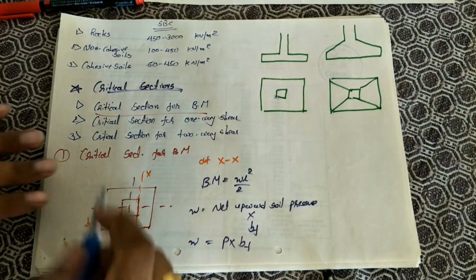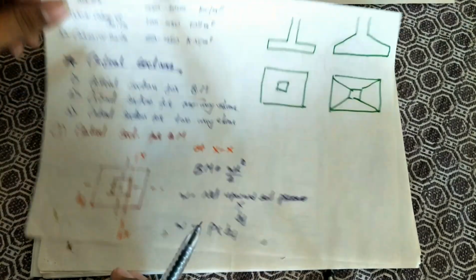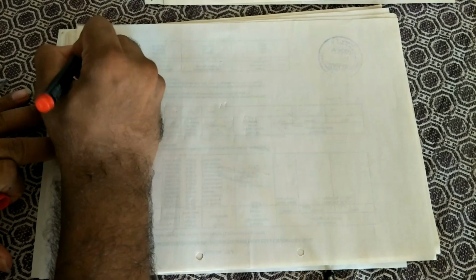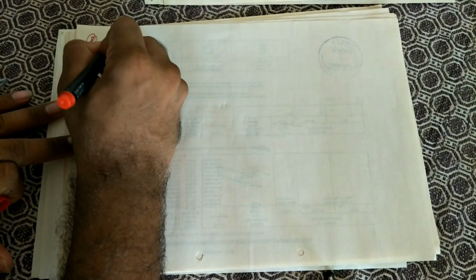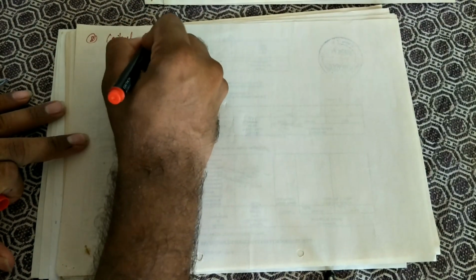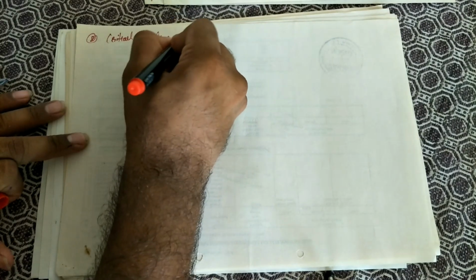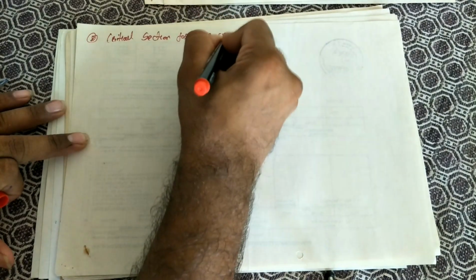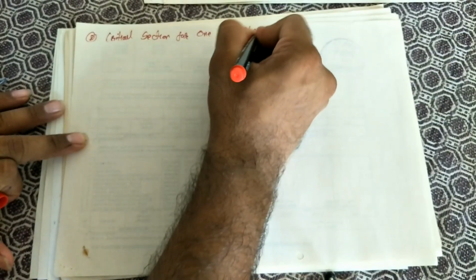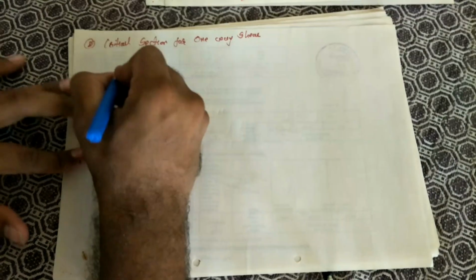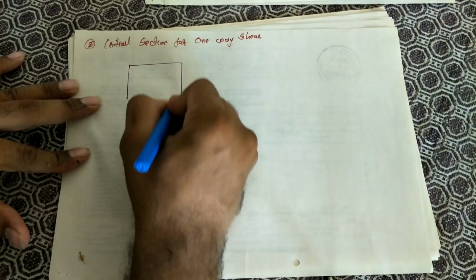Now the second case is critical section for one-way shear. Here we have to draw a figure to understand it.